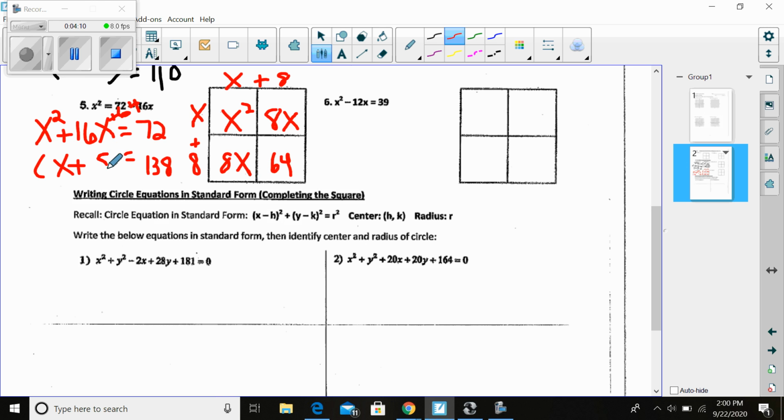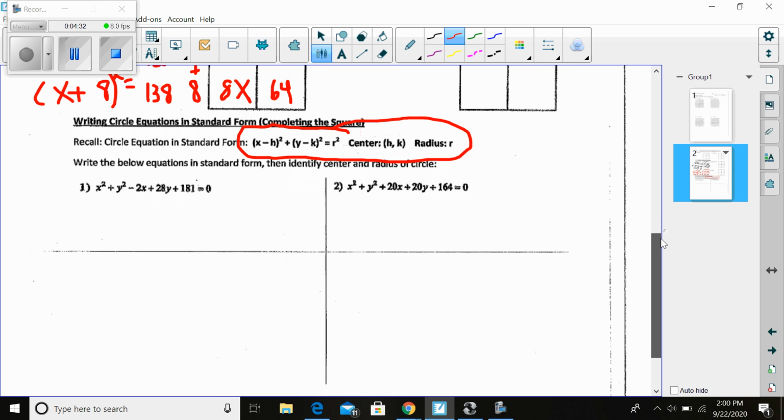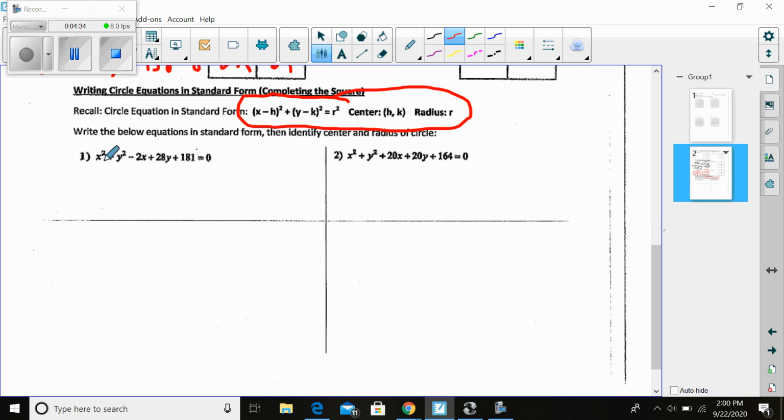Okay, so let's see what this has to do with circles. When I am working with circles and the standard circle formula, which is right here, which I gave you the other day, I have to be in this form of either x plus or x minus something, squared. If I don't have that form, then I need to get it into that form.